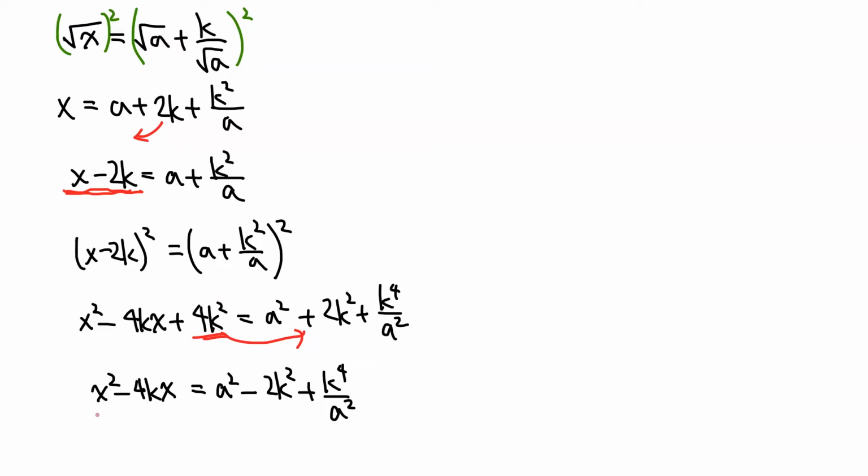So we have the expressions for x squared minus 4kx. But actually, this also can be expressed as a minus k squared over a, all squared. So there's the expression for x squared minus 4kx.